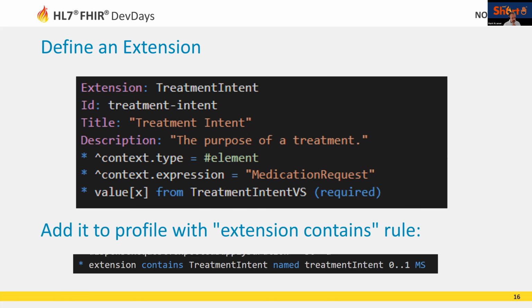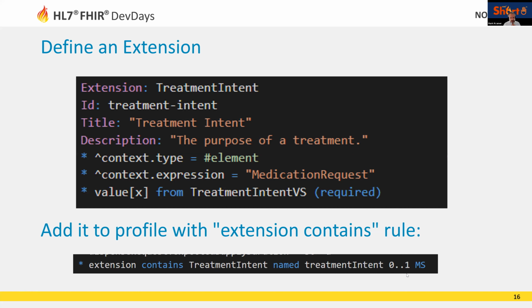Well, that's with a different type of rule using the keyword contains. So back in the medication request FHIR profile, we'll add a rule, extension contains treatment intent, which is defined here. Every extension has a local name, so we're just going to use the same name, treatment intent, for its local name.